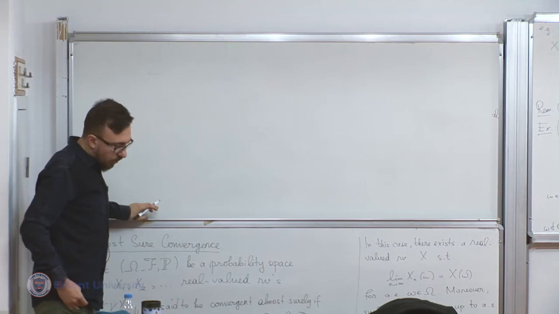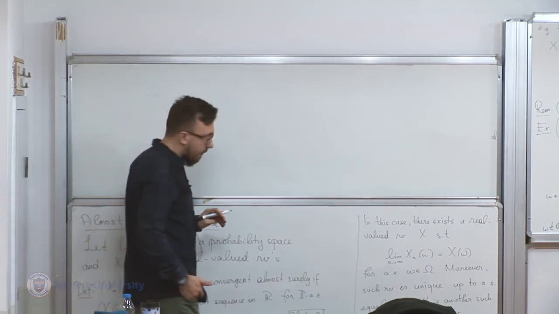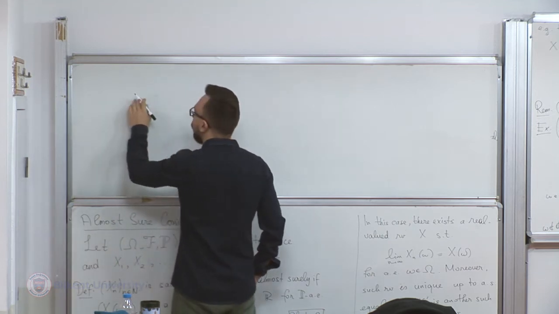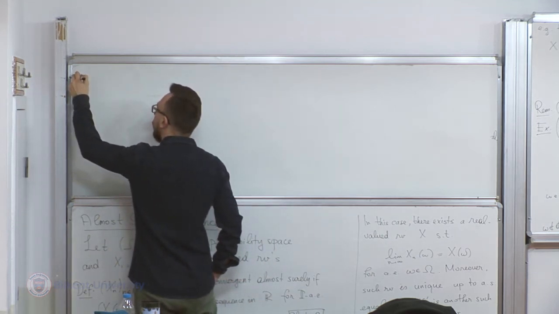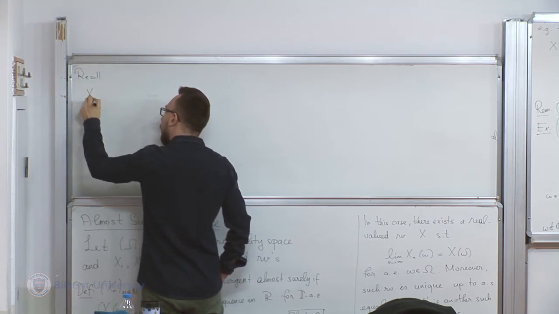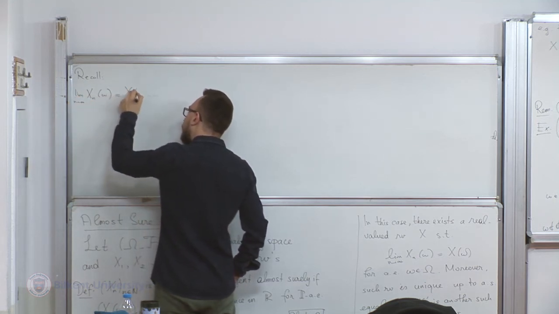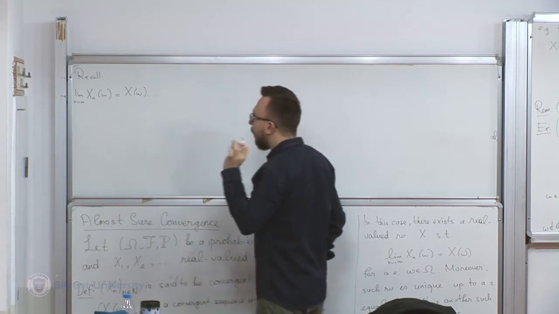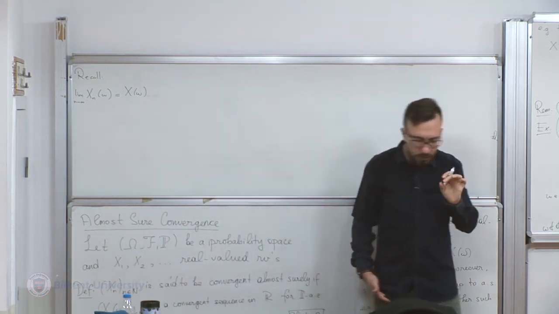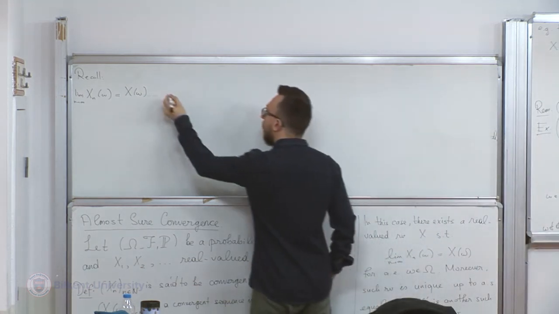For instance, here's something that we can do. Recall that if X_n(omega) converges to X(omega), so if we freeze some omega and look at this real sequence, convergence means the following.